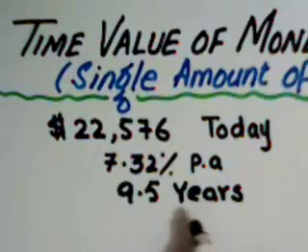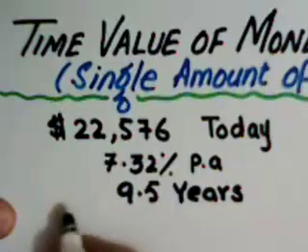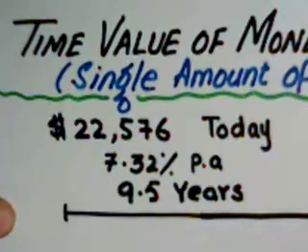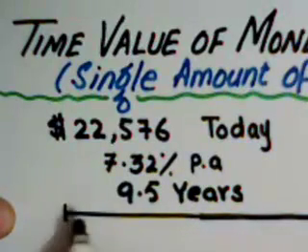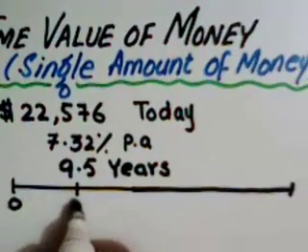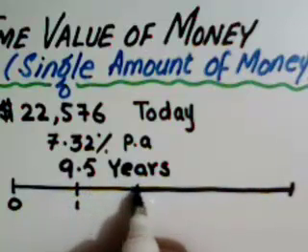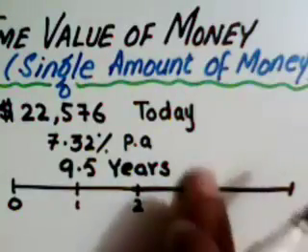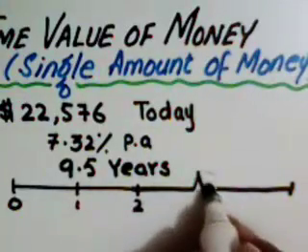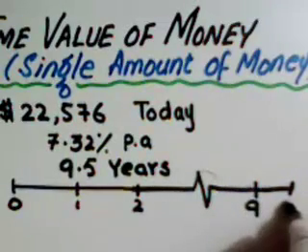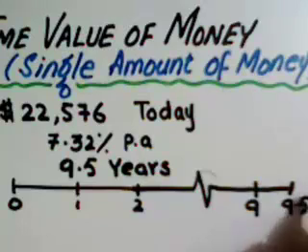To solve this problem, we need to draw a timeline. So let's draw a timeline of about 9.5 years. This is time 0, this is the end of first year, the end of second year, the end of third year, and this is the end of 9th year, and this is 9.5 years.